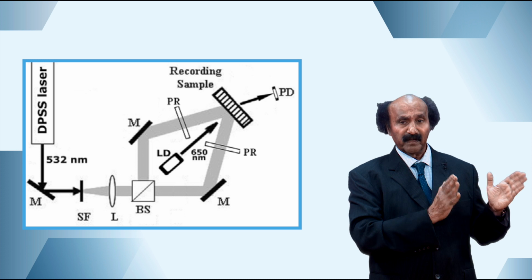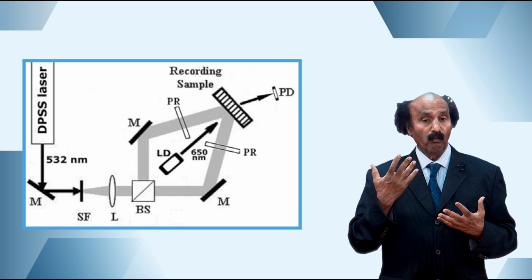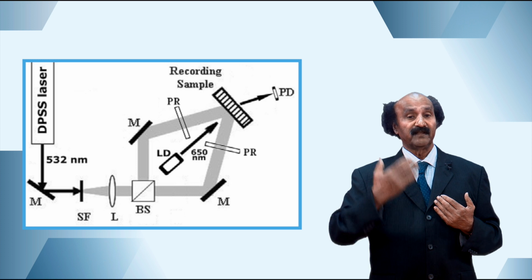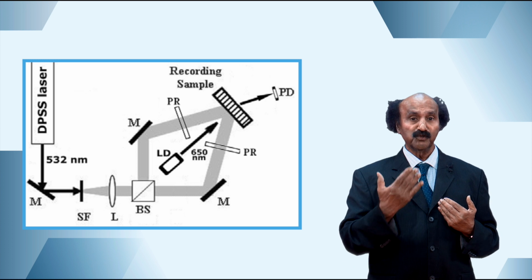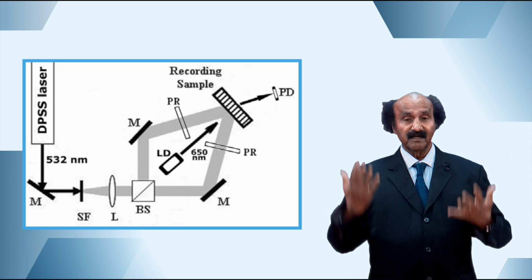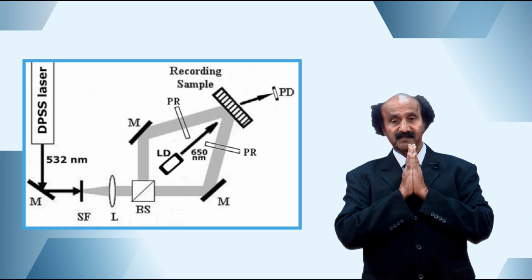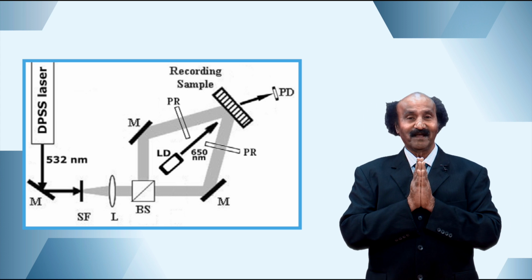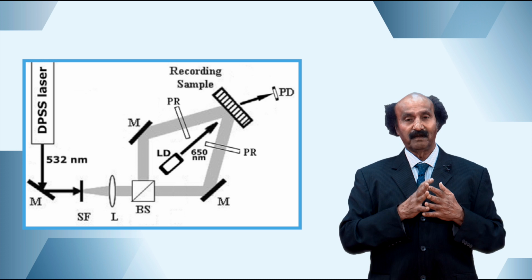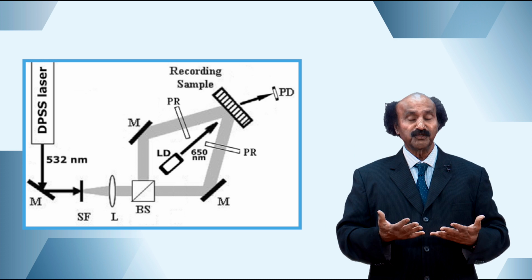So, that was the limit with which people worked. If we have more lines, the resolution of observing any object increases with the number of lines drawn on the grating. This is standard theory in optics. Greater the lines, greater the resolution of the object.